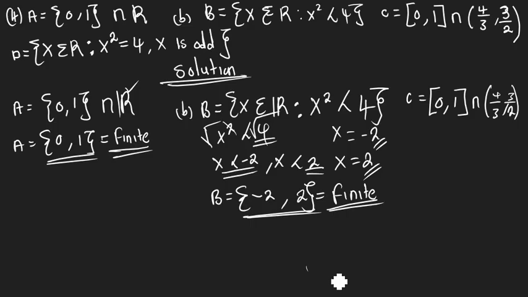So what are we going to do? How do we solve this one? Zero intersection that. How do we solve this one? This thing here that you see, this is an interval, right?